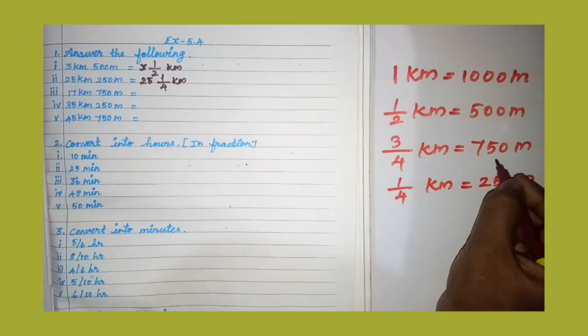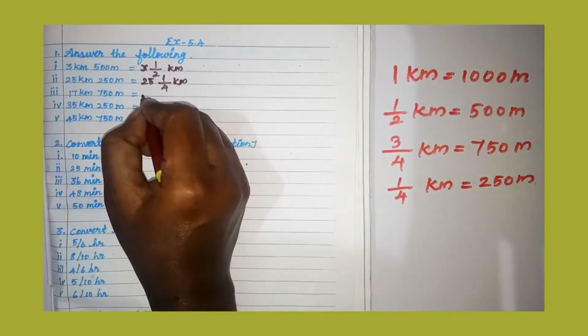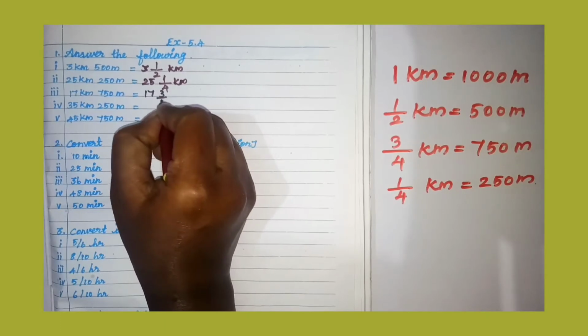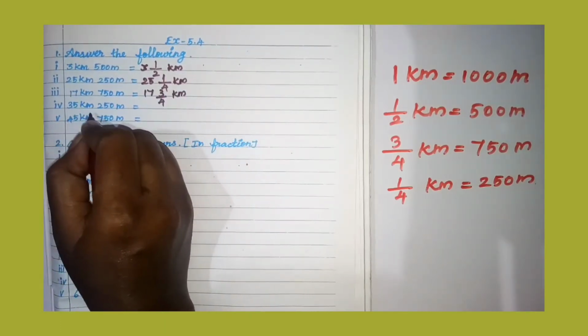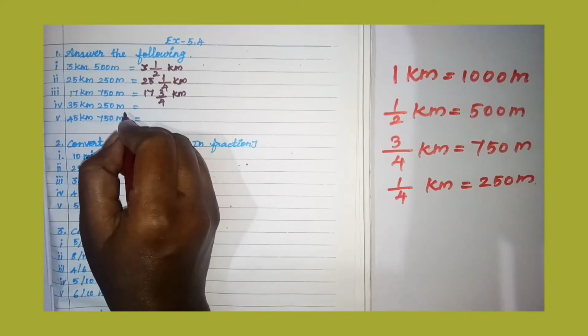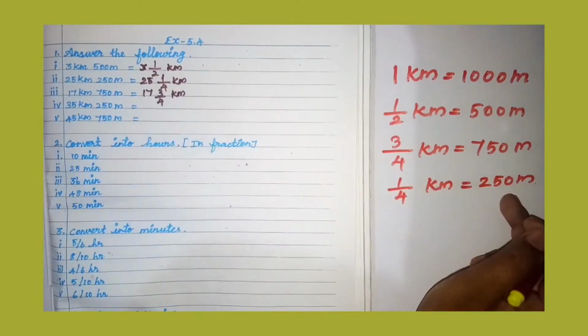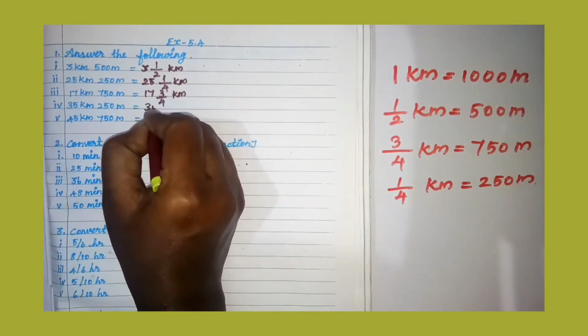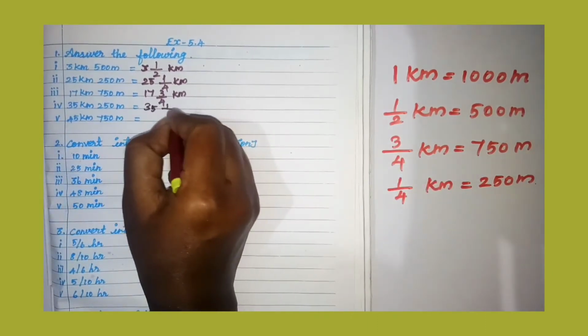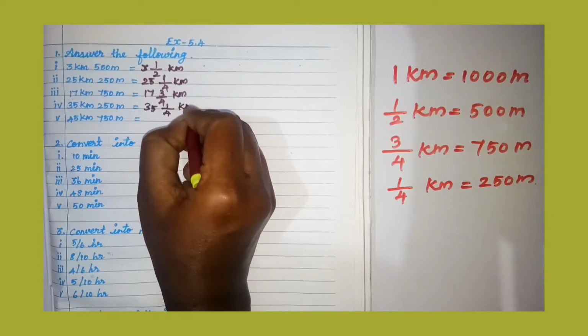So 750 we write 3/4. So 17 3/4 kilometer. Next one, 35 kilometer 250 meter is equal to, so 250 means we write 1/4. So 35, 250 we write quarter, 1/4 kilometer.